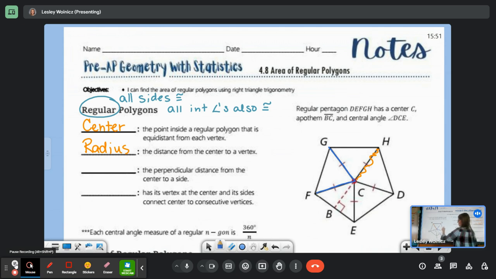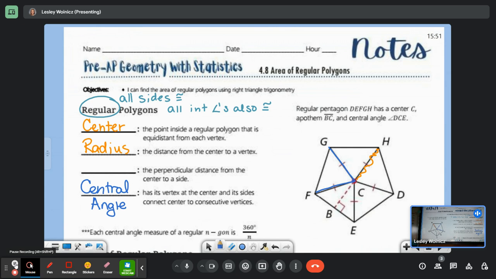So it has to go G to F, not G to E, because G and E aren't consecutive. So it goes like this. That is a central angle. A central angle has its vertex at the center and its sides connect the center to consecutive vertices.